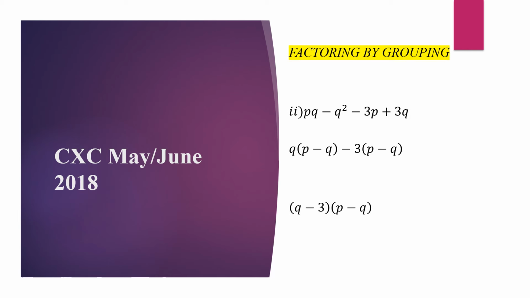The second part of the question in 2018 is a factoring by grouping. And the question reads, PQ minus Q squared minus 3P plus 3Q. And so we will pull the like terms.